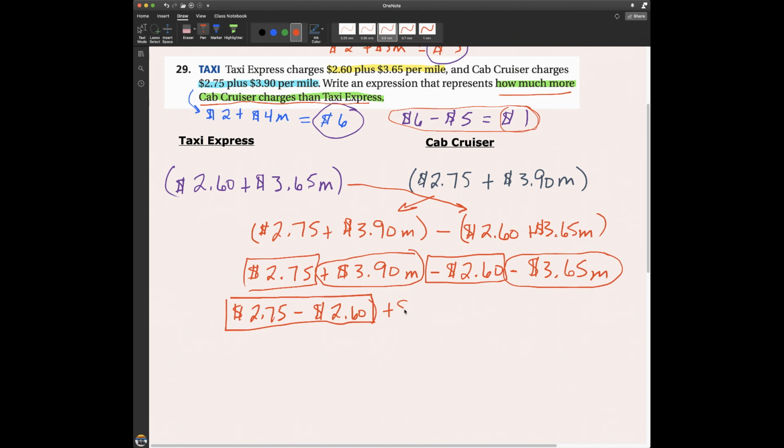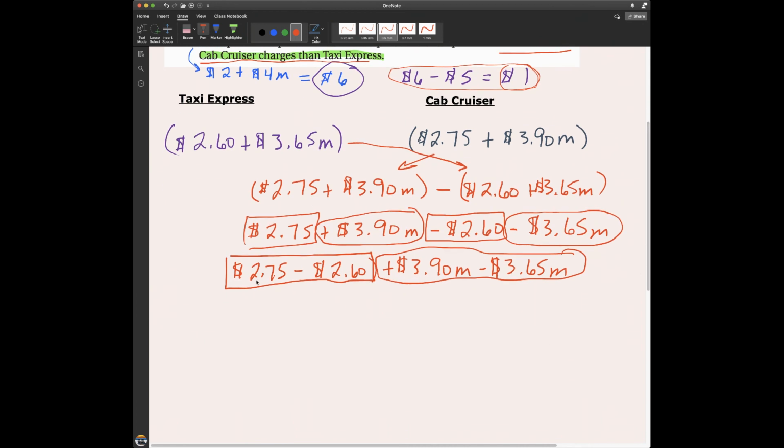And then I have $3.90 m minus $3.65 m. These are like terms. They have the same variable raised to the same exponent.